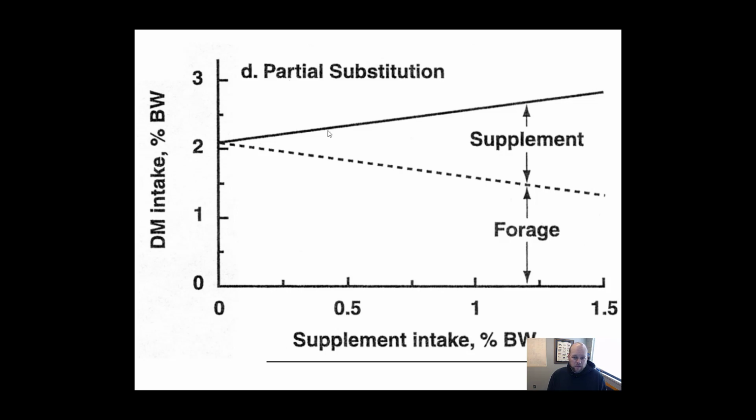They're eating the supplement and reducing the amount of forage they consume. Their total intake, the total amount of nutrients they're getting, is increasing, but not as rapidly as you're feeding supplement. The supplement is being offset partly by reduced intake or digestibility of the forage. So this is a case of partial substitution.